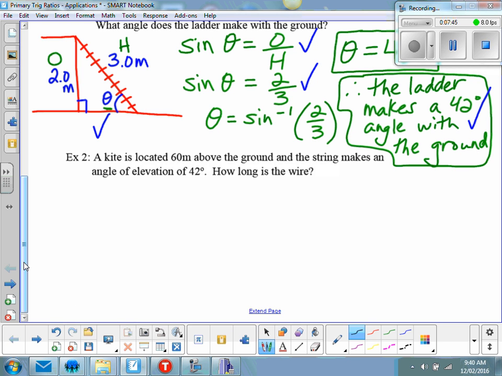So for this one, a kite is located 60 meters above the ground, and the string makes an angle of elevation of 42 degrees. How long is the string? Okay. So there is the kite string.